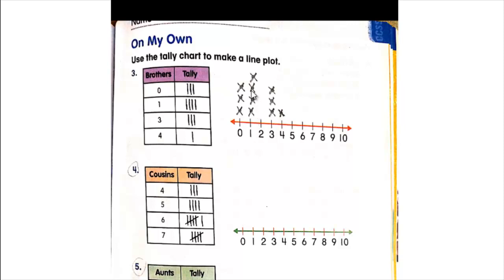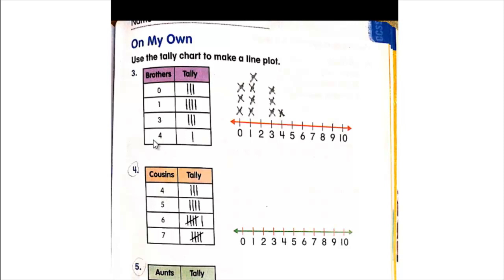1, 2, 3, 4. And here, in front of 3, there are 1, 2, 3. So here on this line, in front of 3, draw 3 plots to represent 3 tally marks. Okay, 1, 2, 3.